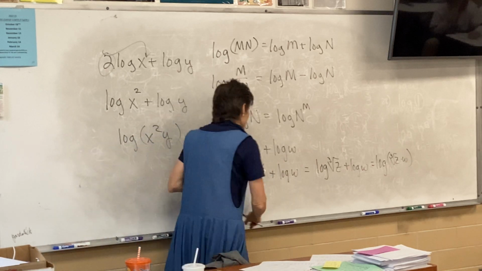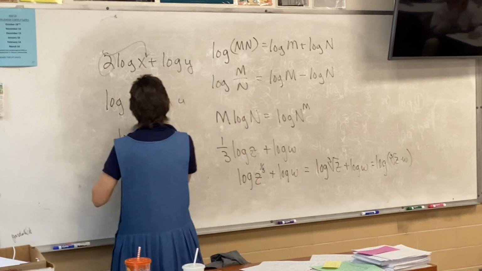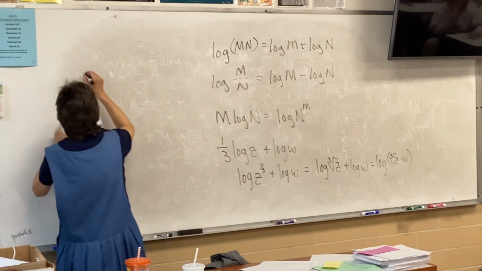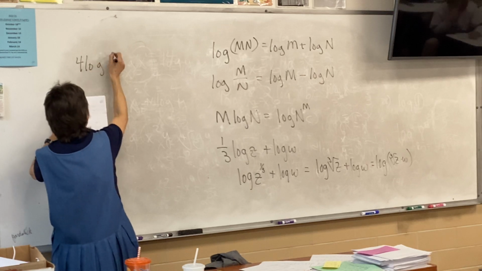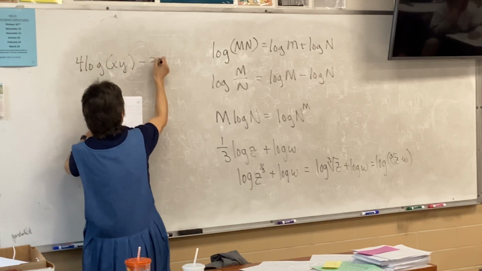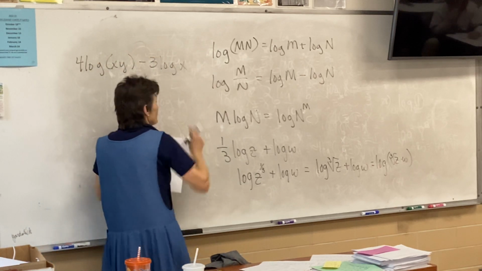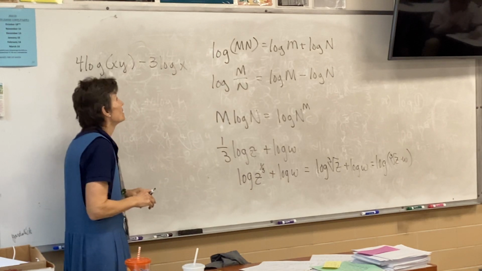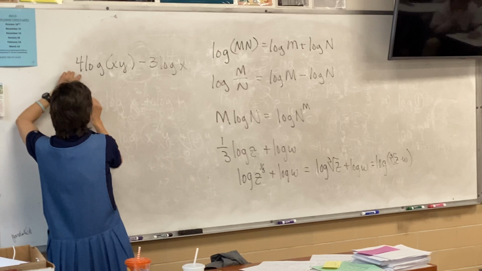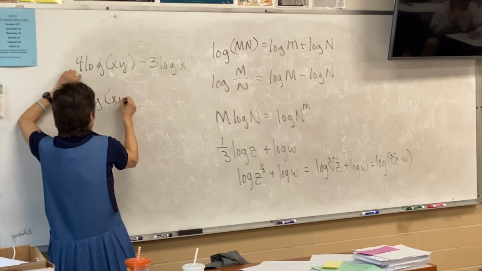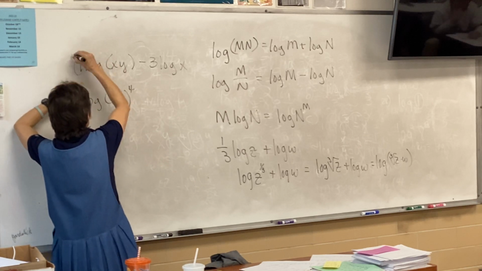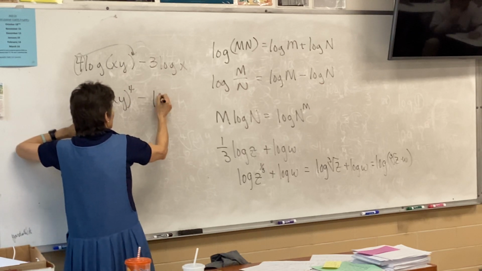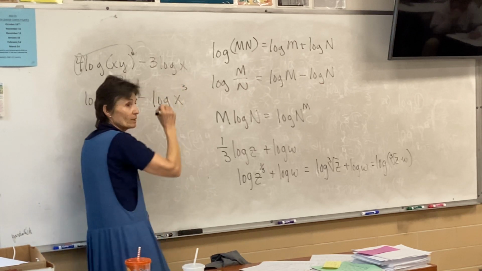Alright, let's do D, and then I'll see how you can do with the next one here. But let's do D together, because there's a little bit of craziness happening in it. Alright, what do you want to do first? So we gotta make the 4 an exponent, and it's gonna go on the whole thing, it's gonna come right here. Oh, how about the 3? We'll make it an exponent also.